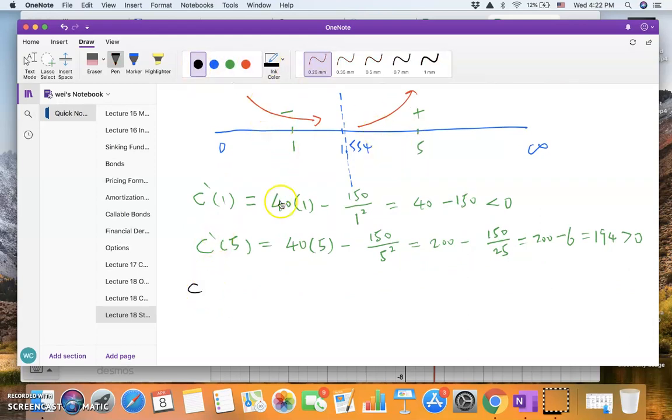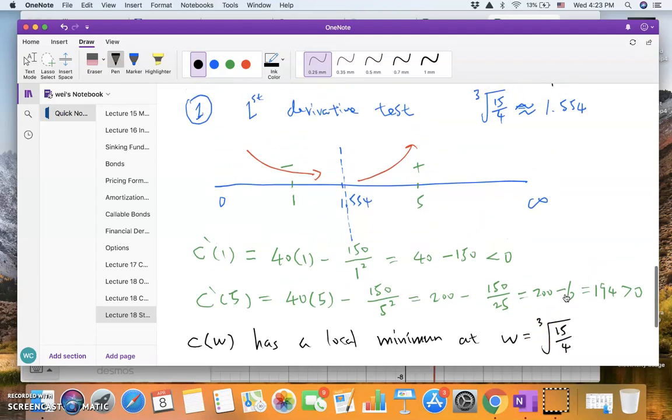So from this graph, we can see that the function c of w has a local minimum when w equals the cube root of 15 over 4.